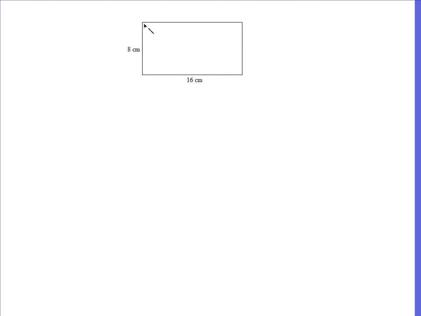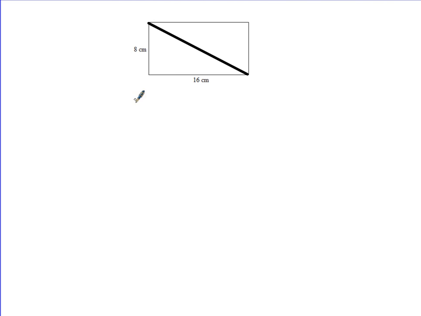Question 9. We want to find out the diagonal. So we are looking for the diagonal from one side to the other, this side here, all the way to that side. So what we've then got to do is call this x, and it's Pythagoras. So with Pythagoras, we've just got x squared equals 16 squared plus 8 squared.